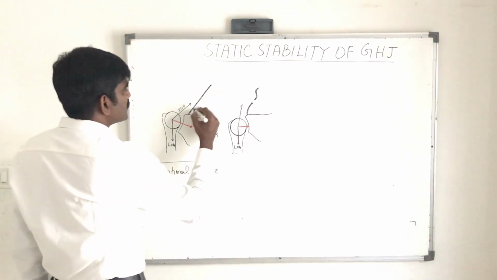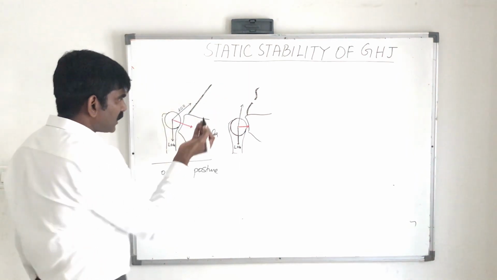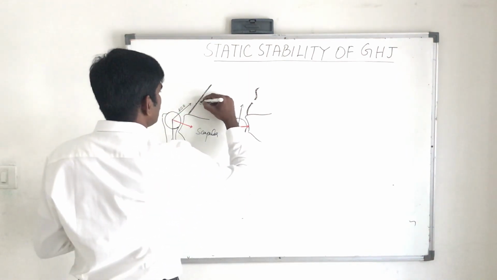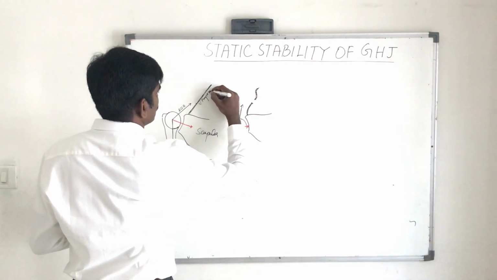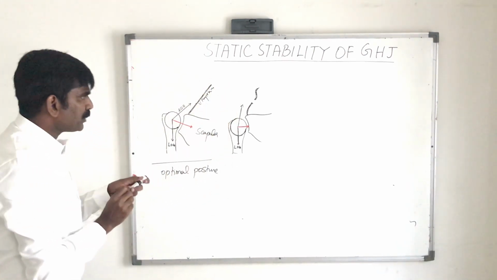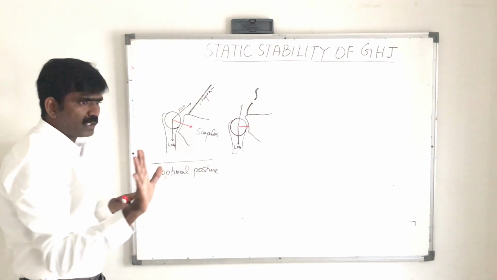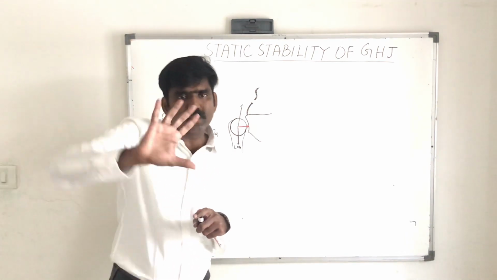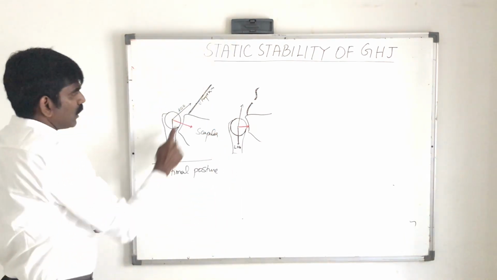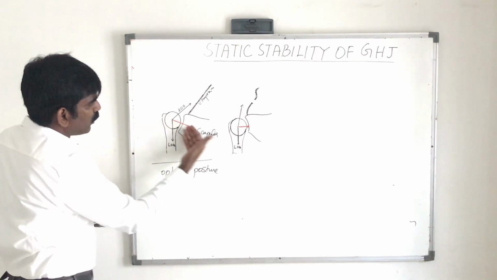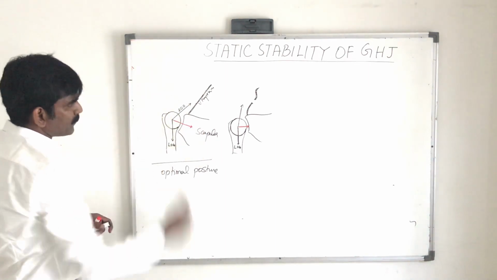Clear? So this is the upper trapezius. Upper trapezius helps to elevate or externally rotate the scapula. Clear? So what will happen? You can see this glenoid cavity is facing upwards.